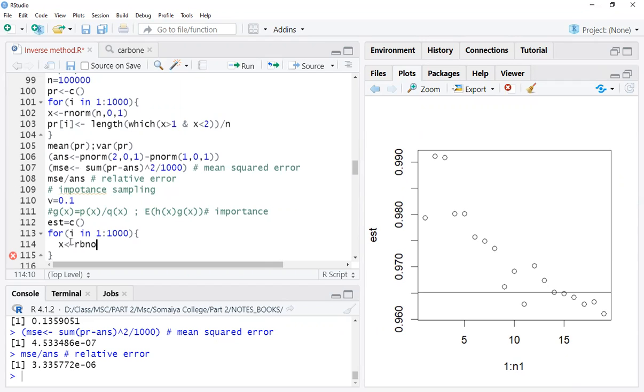We are generating from the normal, so rnorm with n the same, comma 1.5, because the distribution of q is given. It is normal with mean 1.5 and variance 0.1, which we have already written here, right? You can take 0.1, or consider v directly, that is also fine.